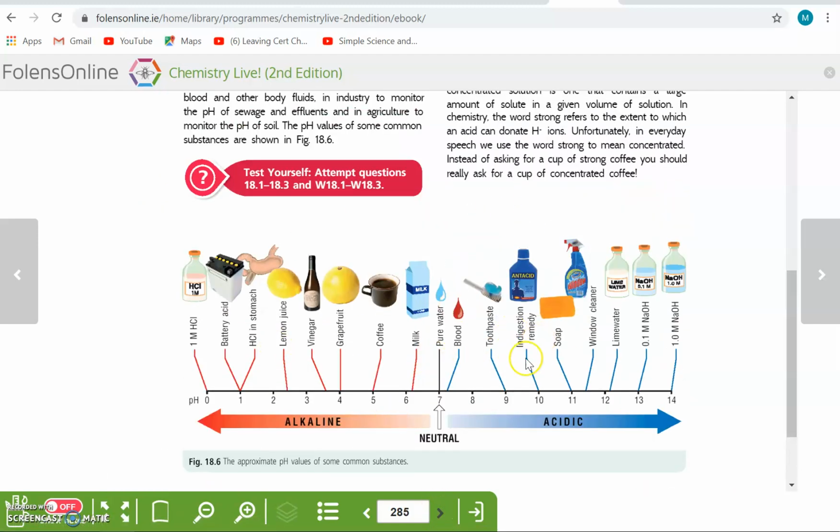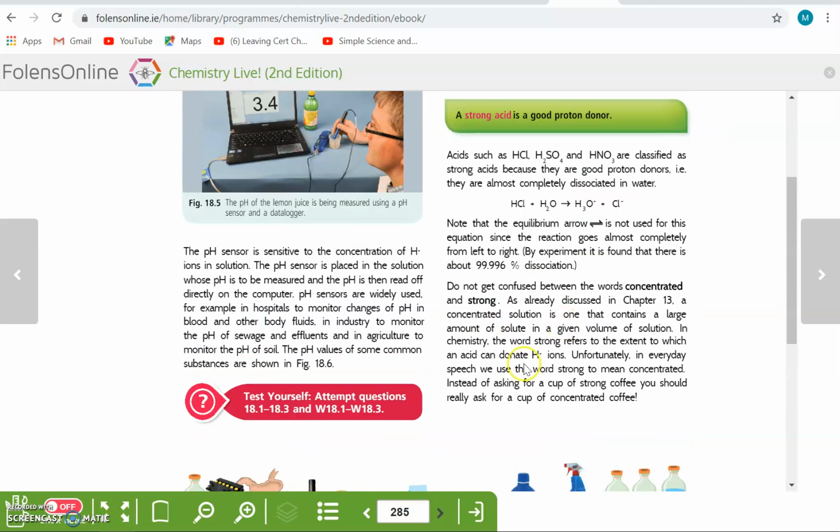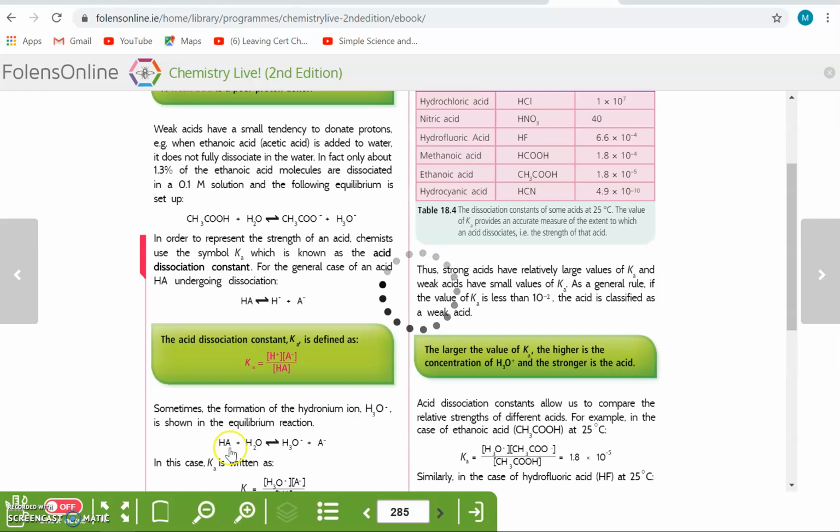There's a list of different substances that are acidic or basic, and then we're getting into this whole idea of the dissociation of acids and bases in relation to whether they're strong acids or weak acids.